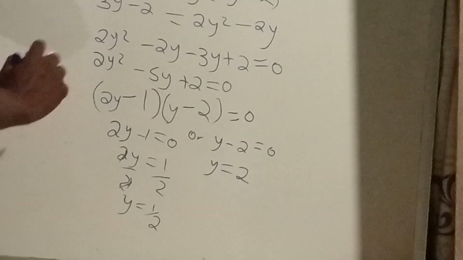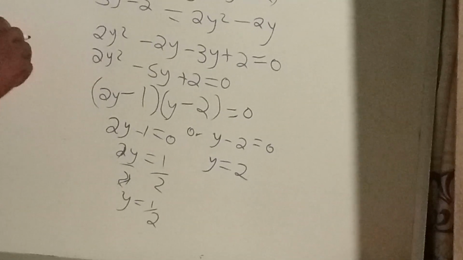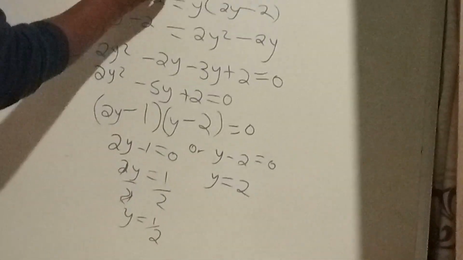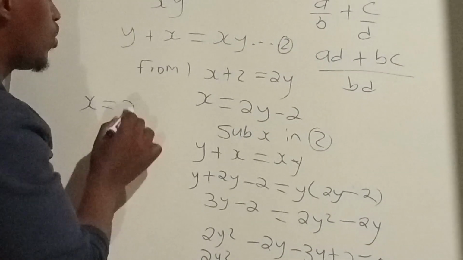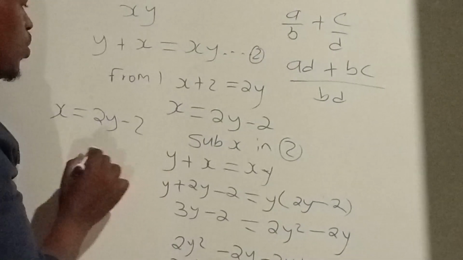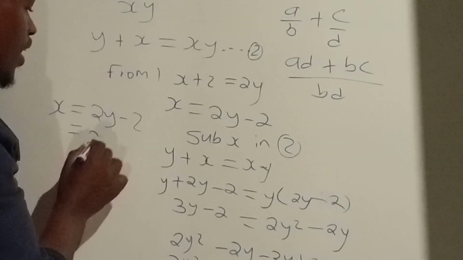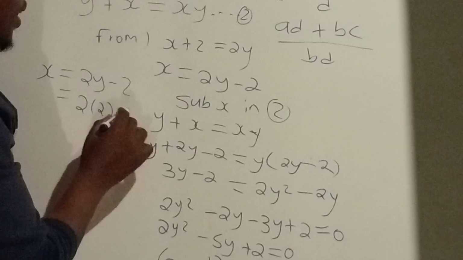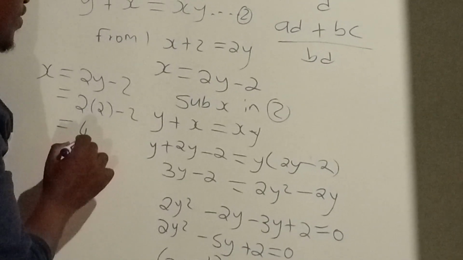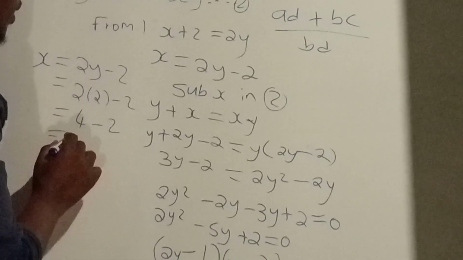How do we solve for x then? For x, I want to take this equation, and I'm going to say x = 2y - 2. Wherever I see the y, I substitute. I was first given 2, so 2(2) - 2, which means the same thing as 4 - 2, answer being 2.